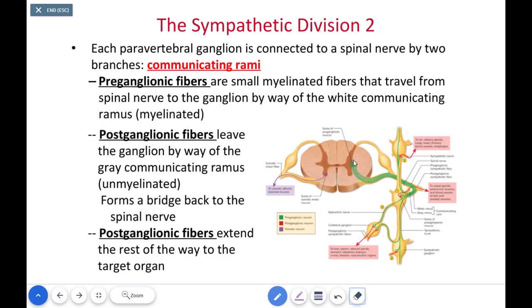And in this situation, for scenario number 3, the preganglionic fiber goes through the anterior root, goes through the spinal nerve, travels directly through the sympathetic chain ganglion, and then will synapse at a secondary ganglion separate from the sympathetic chain ganglion. And as it's doing that, there will be a bundle of axons referred to as a splanchnic nerve carrying it away. That is the most complicated of the 3 options.